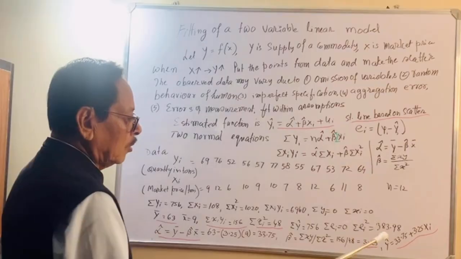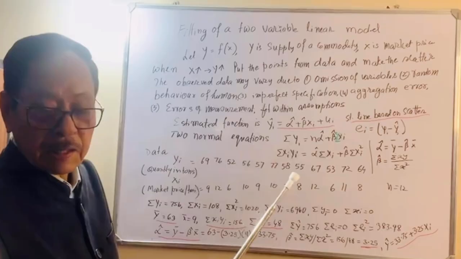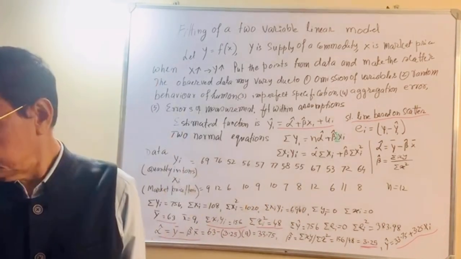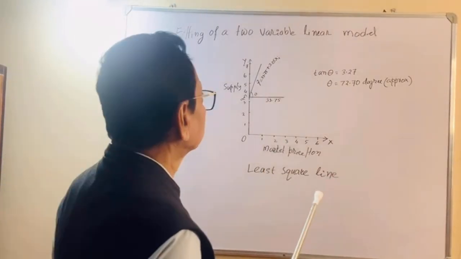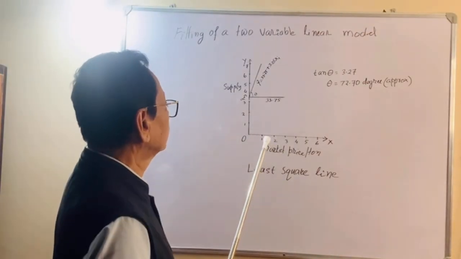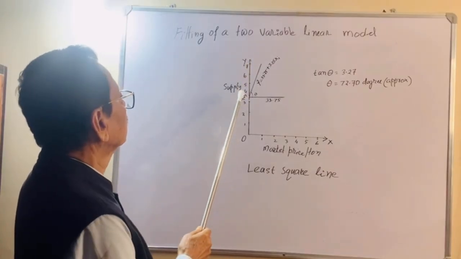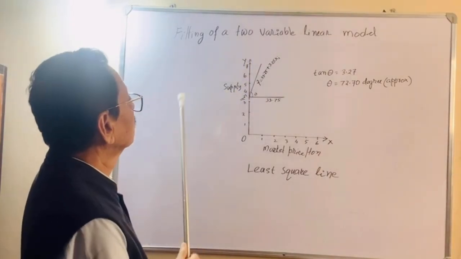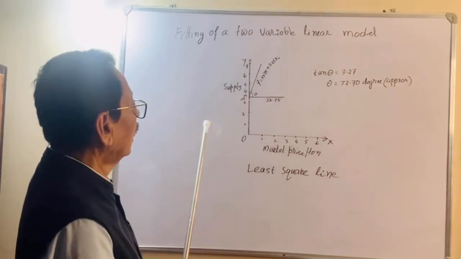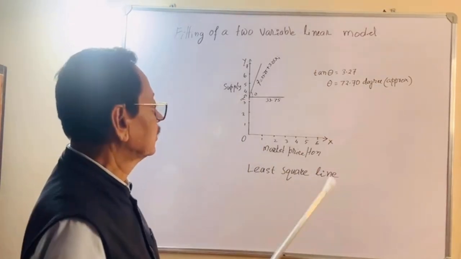Now we can see this in the graph. So let us see the graph. If we fit the least square line, it will look like this. So in the vertical axis, we have the supply in tons. So one division, say 10 units. And towards the horizontal axis, it is the market price.